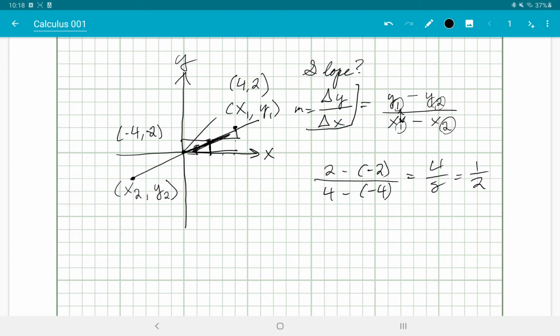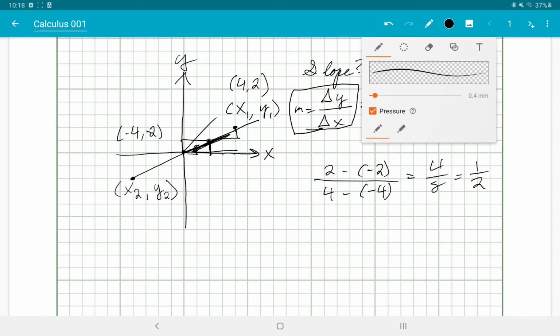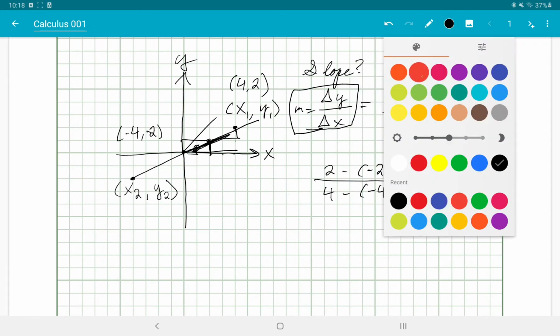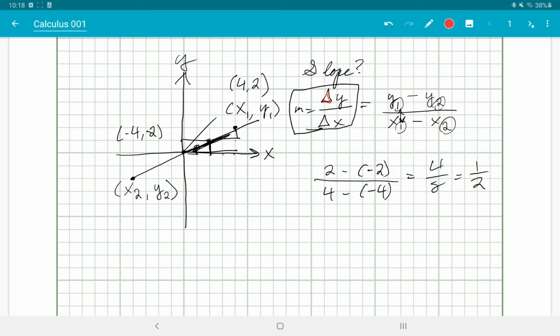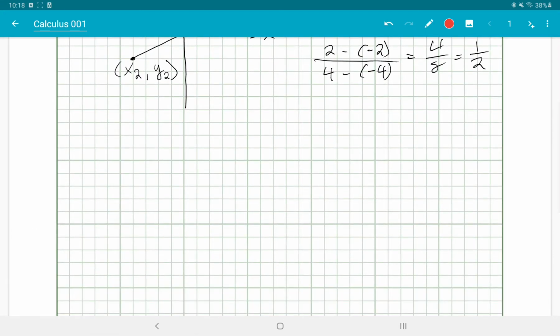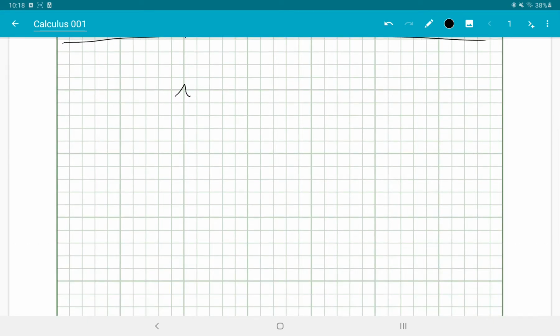The important thing is this delta y over delta x, right? That's the key thing right there. Delta y over delta x, because now we get on to the first problem that calculus tries to solve. And this is, let's do another example. Let's say right here, this is 1, 2.